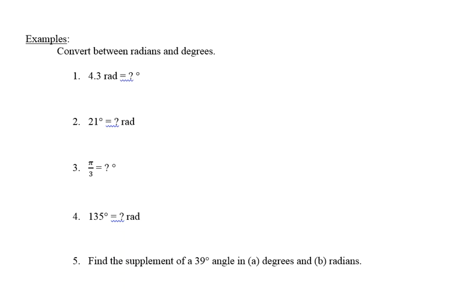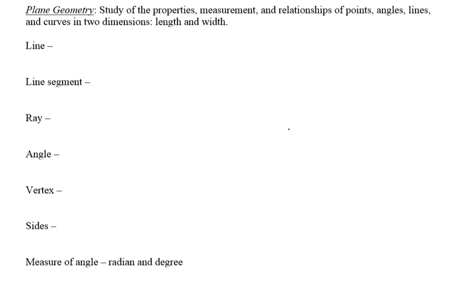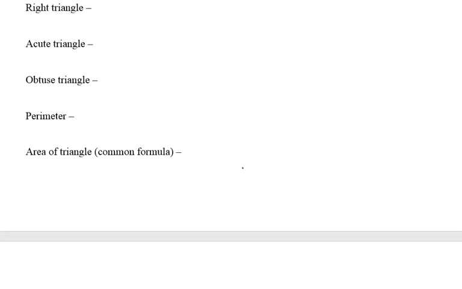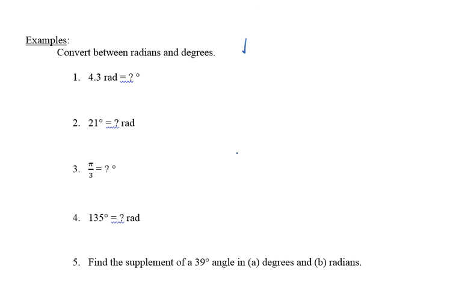The proportion is D for degrees over 180, because there are 180 degrees in a half circle, equals R for radians over pi, because there are pi radians in a half circle, and that is talked about in the video.